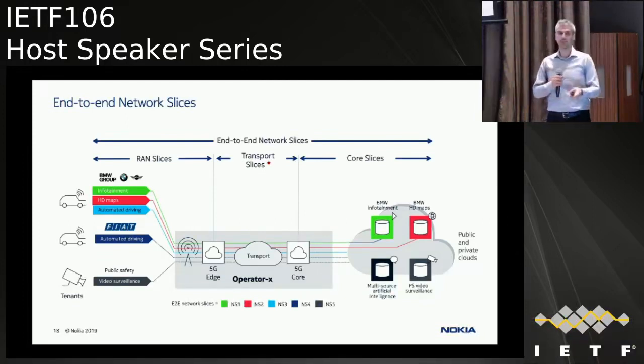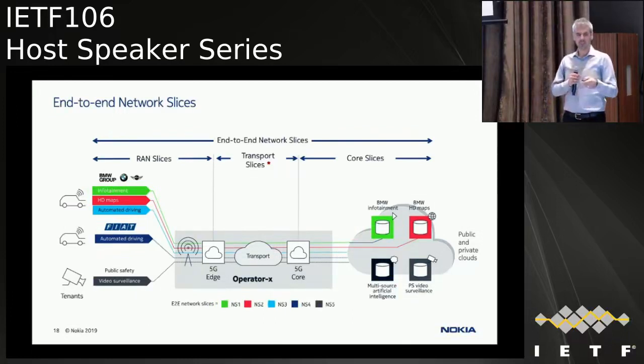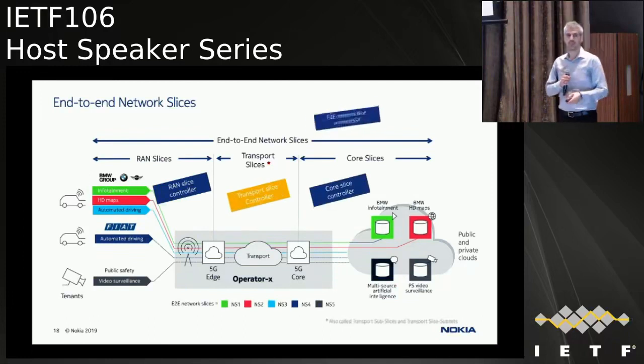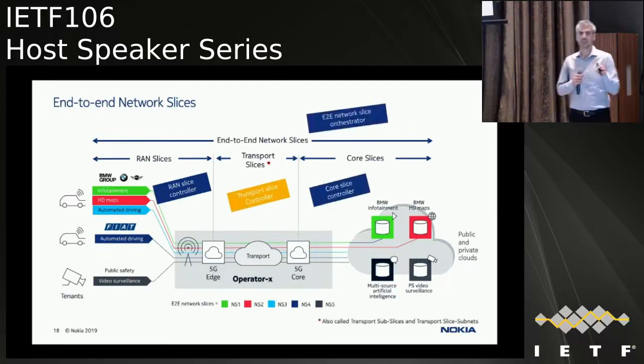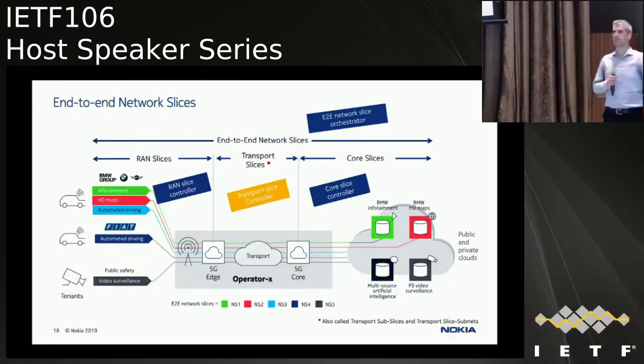This is very important to understand, the difference between this terminology. Sometimes it is important to be very clear. Each of these domains has one controller. I have a RAN controller, a transport controller, a core controller, and at the very top, there is an end-to-end orchestrator.